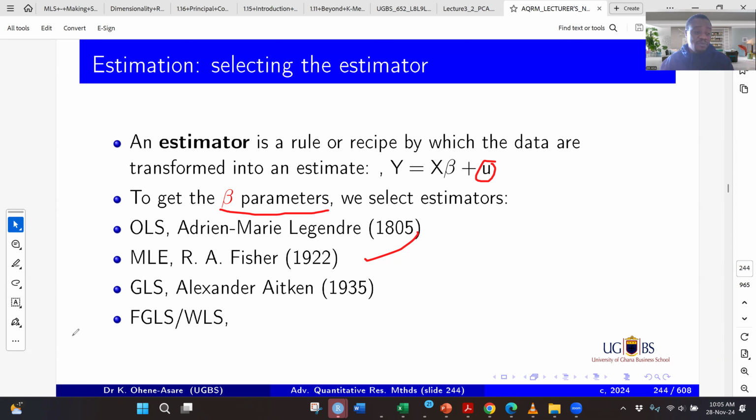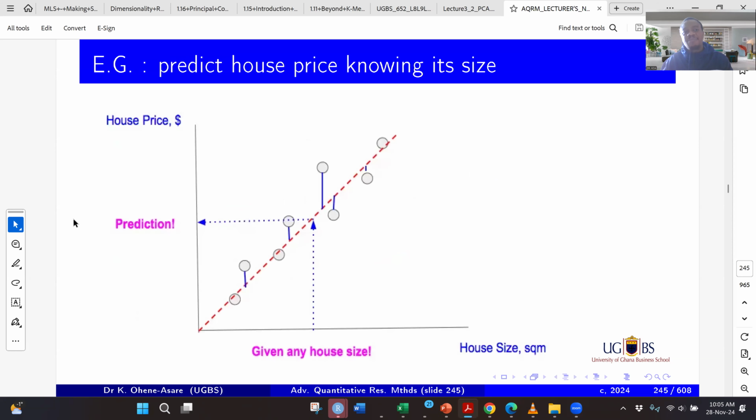All of these are possible ways, but we just focus on the OLS for now. In higher levels of study, we'll look at all of this. What is the OLS, the ordinary least squares? Well, it's an approach of estimating the beta parameters.